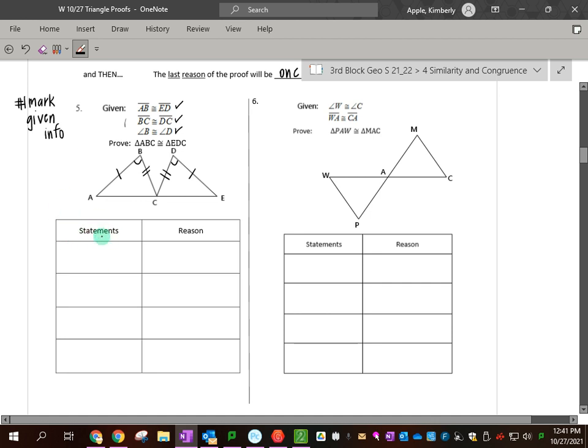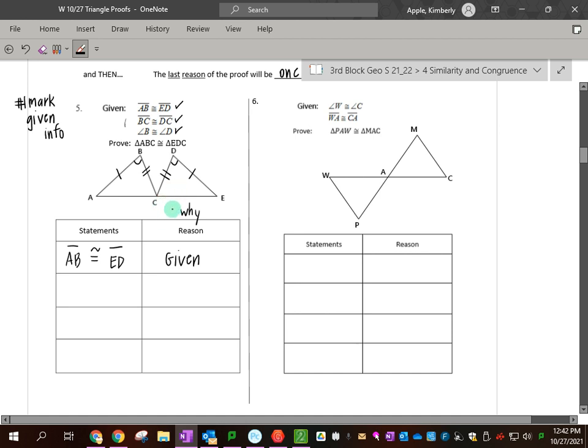So you have a statements and the reason. This is the why. So the first statement, I'm going to write all my givens. The first statement I'm making is, hey, AB is congruent to ED. Why do I know that? Because it is given to me. There you go. Given. So that's all we write there.